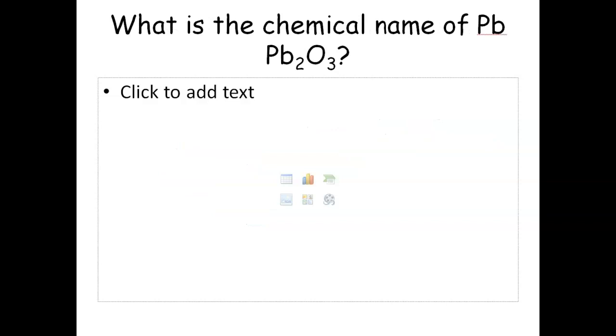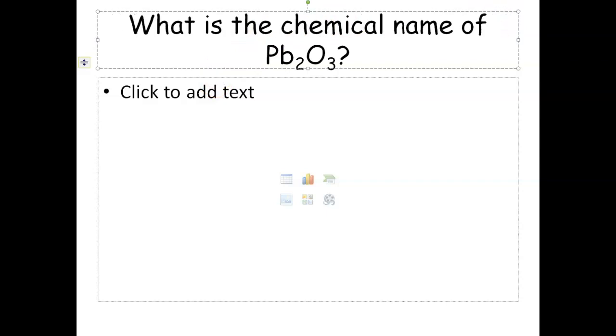Here's another situation where we have an ionic compound that has a chemical formula of Pb2O3.